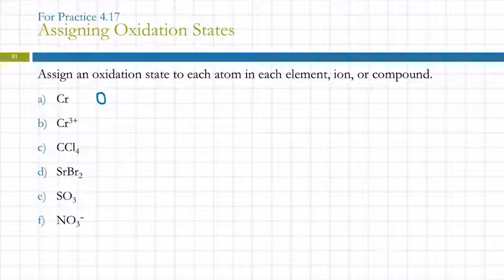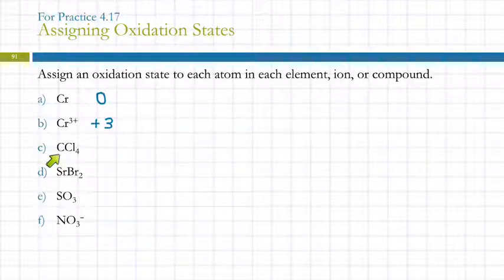It has no charge on it. The oxidation state's the same as its charge, which is 0. How about a chromium 3 ion? -3 is too hard. +3. It's the same as the charge, okay? So the charge is 3+. The oxidation state is +3. It's just the same.